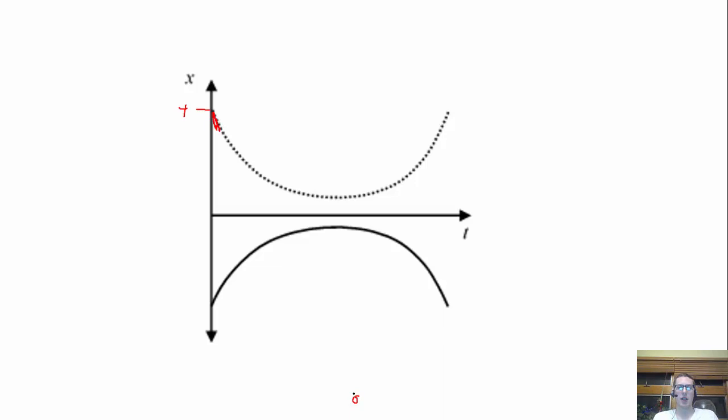It's got a nice initial position, -4 or 4. We'll say this is 4 meters. If this is our number line, but it is traveling downwards. It is going towards 0.